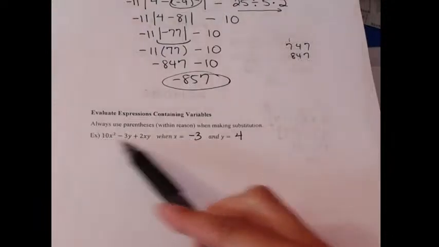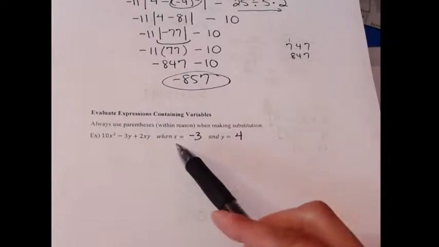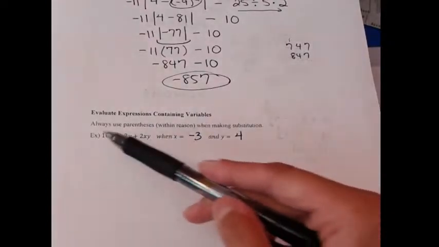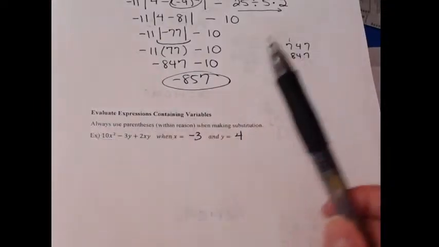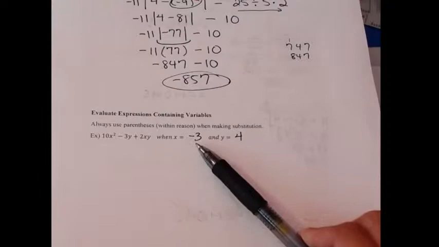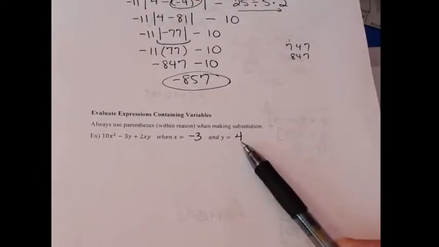So let's say you were given this expression and you're told to evaluate when x is negative 3 and y is 4. Essentially, anywhere you have an x, you should be replacing it with a negative 3, and anywhere you have a y, you should be replacing it with a 4.